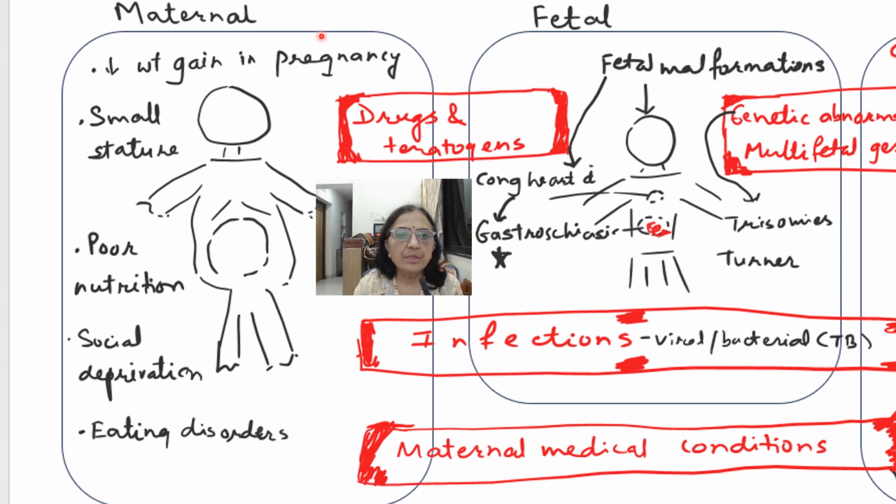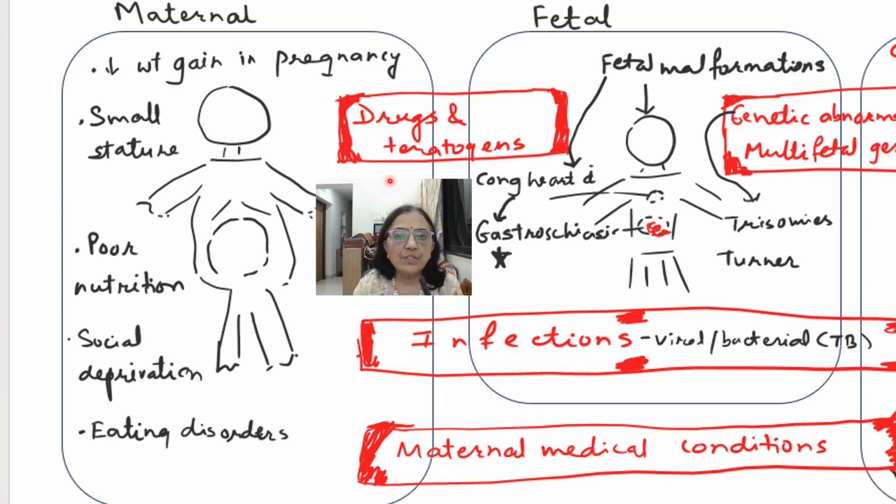Let us see first the maternal factors. Whenever there is less weight gain in pregnancy, less than expected maternal weight gain, maternal small stature, constitutionally small mother, poor nutrition, social deprivation, or eating disorders in the mother, all these are risk factors for development of fetal growth restriction.